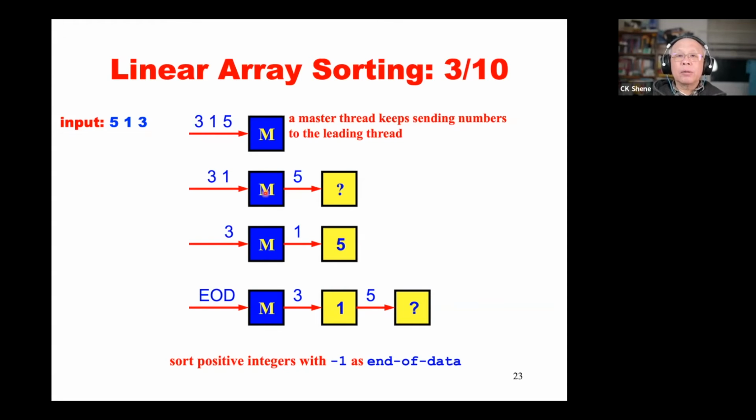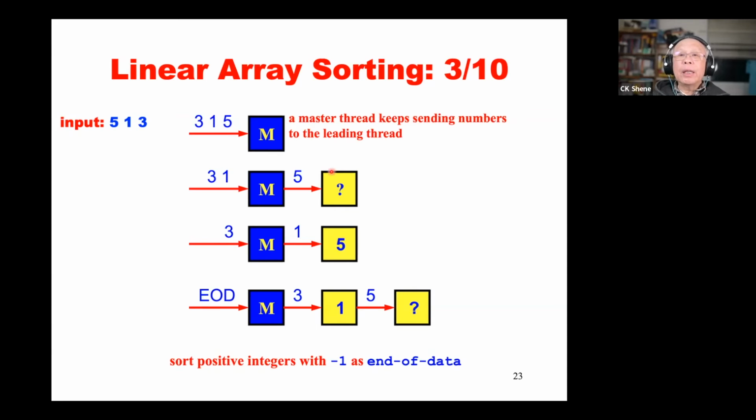Then the master thread reads the second value and sends it out. Finally, the master thread reads 3 and sends it out. And then when the master thread tries to read the input and the end of file is reached, the master thread sends out end of data. So this is what the master thread is doing. So let's say the master thread is here.